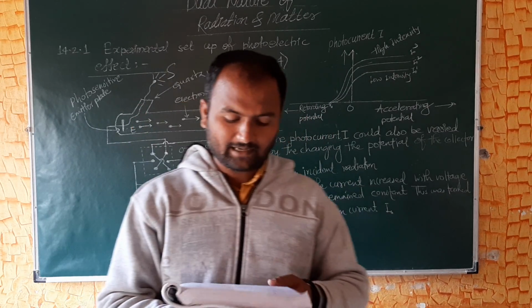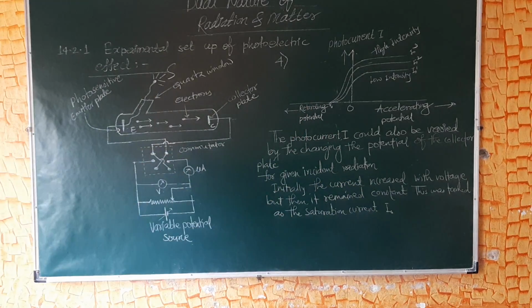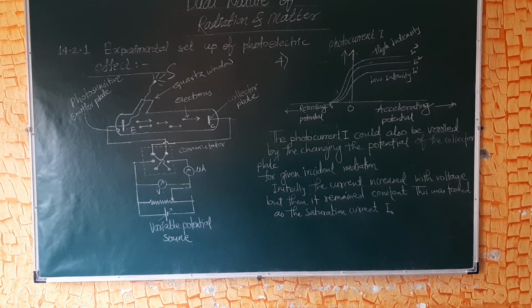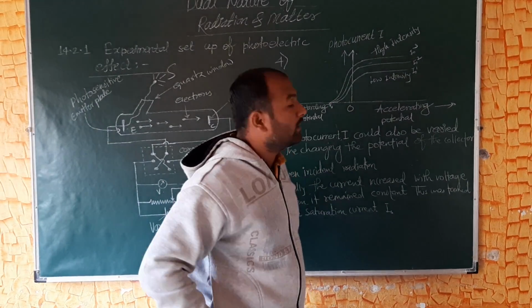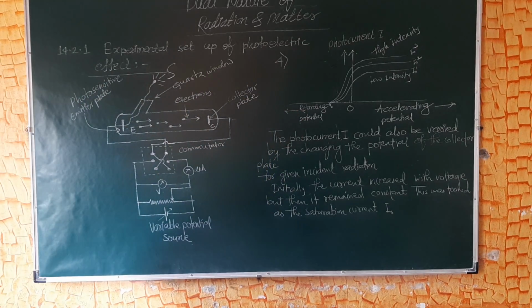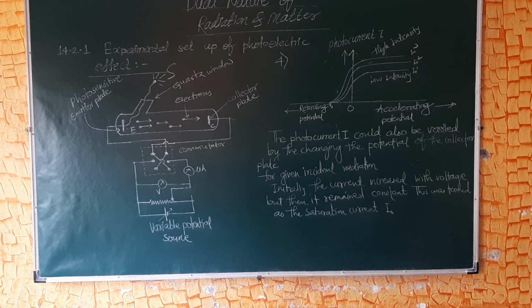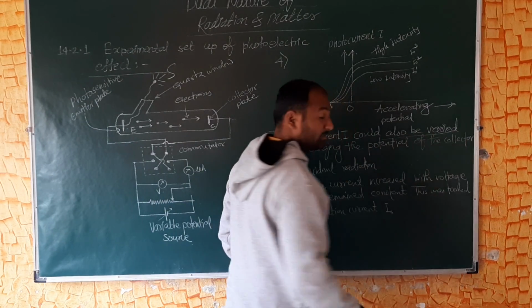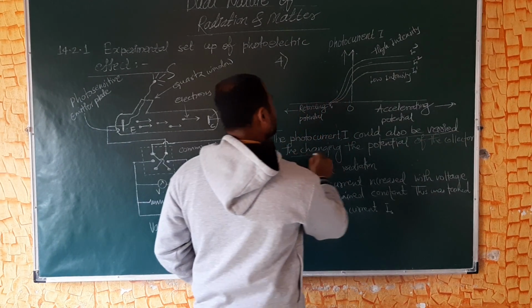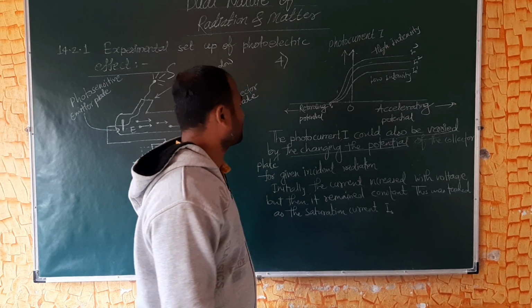So photocurrent as a function of accelerating potential for fixed incident frequency and different incident intensities. Here, this is the photocurrent I versus accelerating potential or retarding potential. This photocurrent I could also be varied by changing the potential of the collector plate.